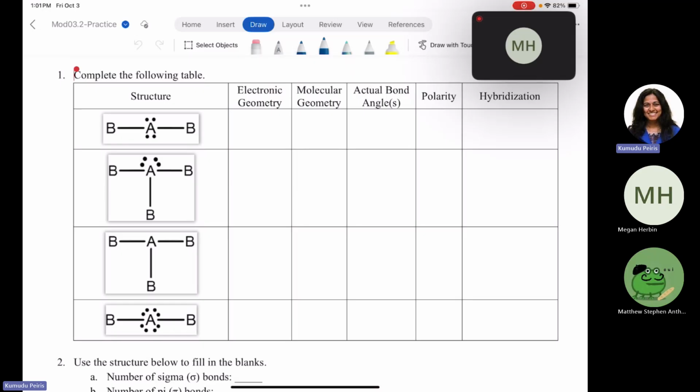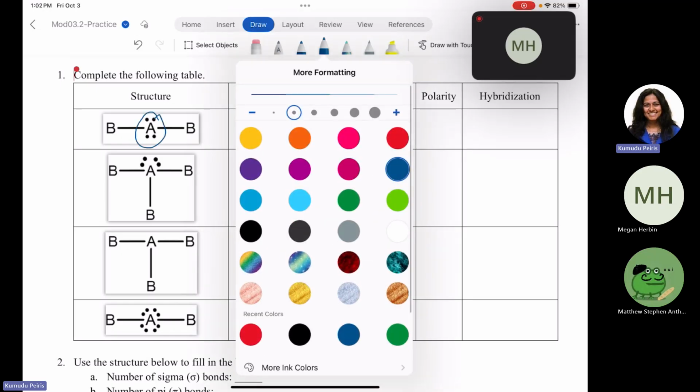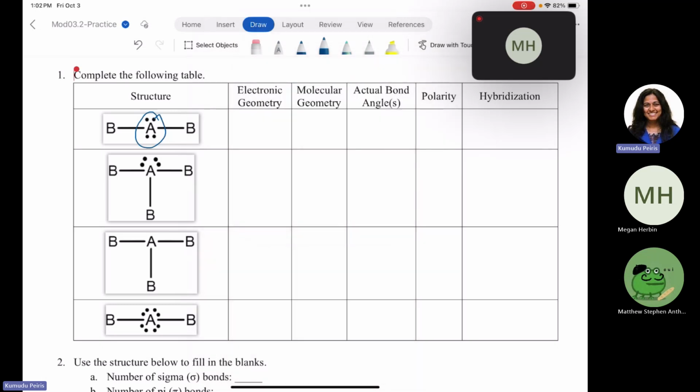This is regarding the central atom. To determine the electronic geometry, we simply count the number of electron domains around the central atom, including the sigma bonds and the non-shared electron pairs.